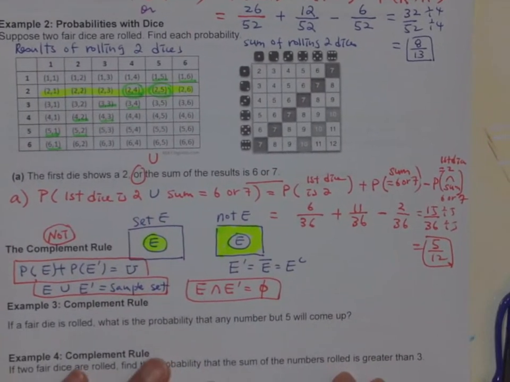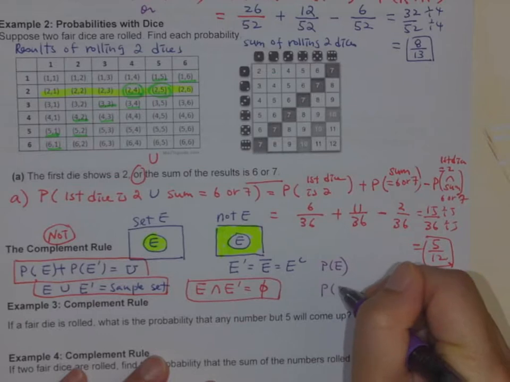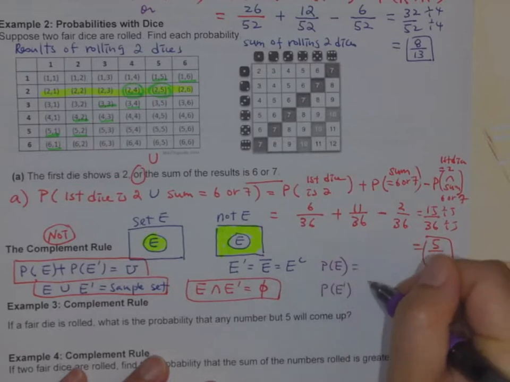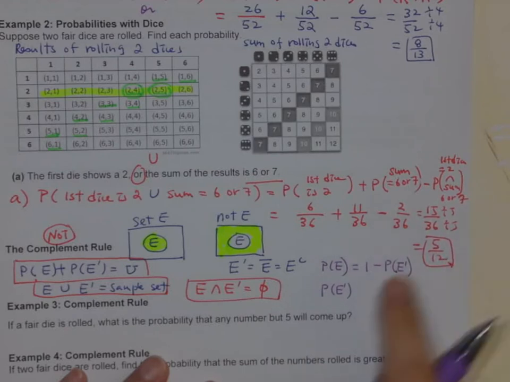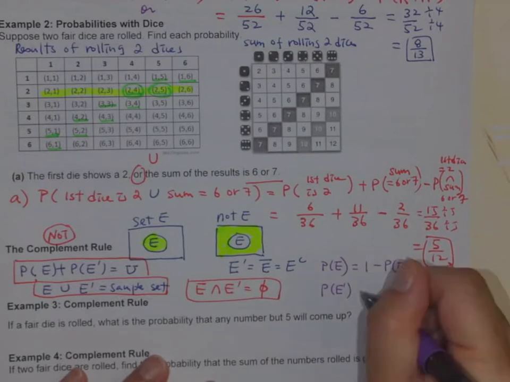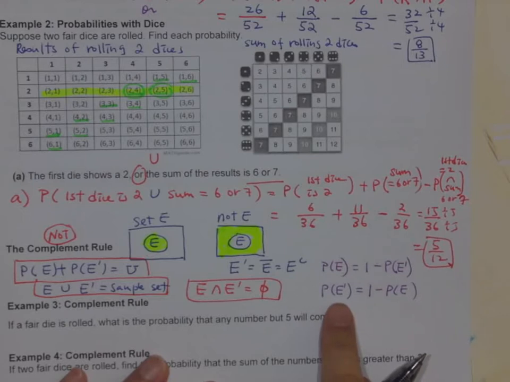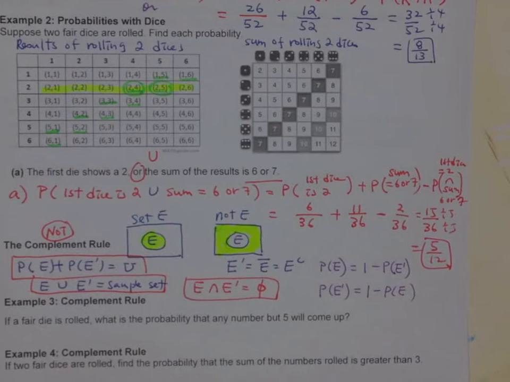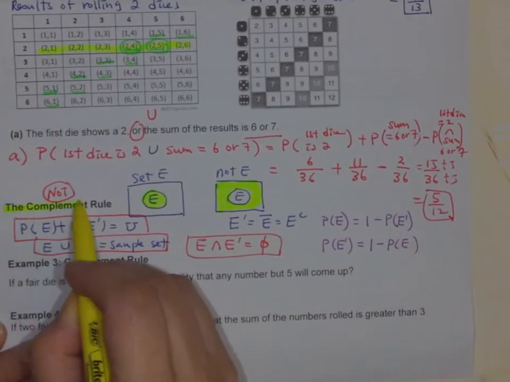They said this is sometimes very useful if you need to find probability of E or probability of not E, and you know the other one, because you can use 1 subtracting the probability of not E. So probability of E set mean the whole thing subtract not E, or if you need to find probability of not E, you can use the whole thing subtracting probability of E. So they complement each other, okay? So those are representing the rule for complements.